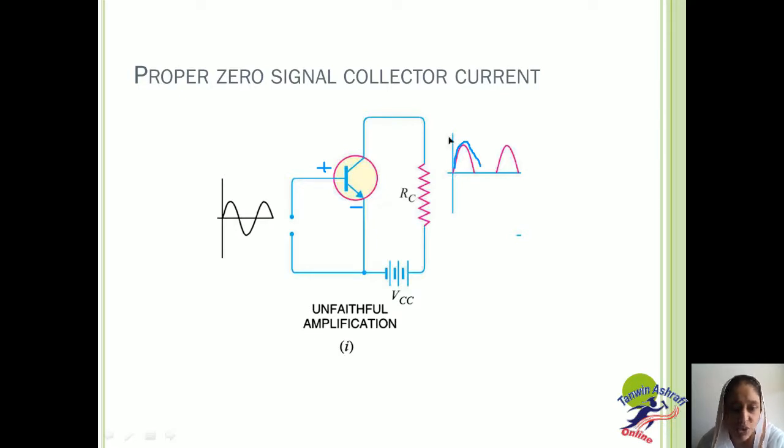During the negative half cycle of the signal, the base emitter junction gets reverse biased. That means here we will have a negative rather than positive at the base, and positive at the emitter.